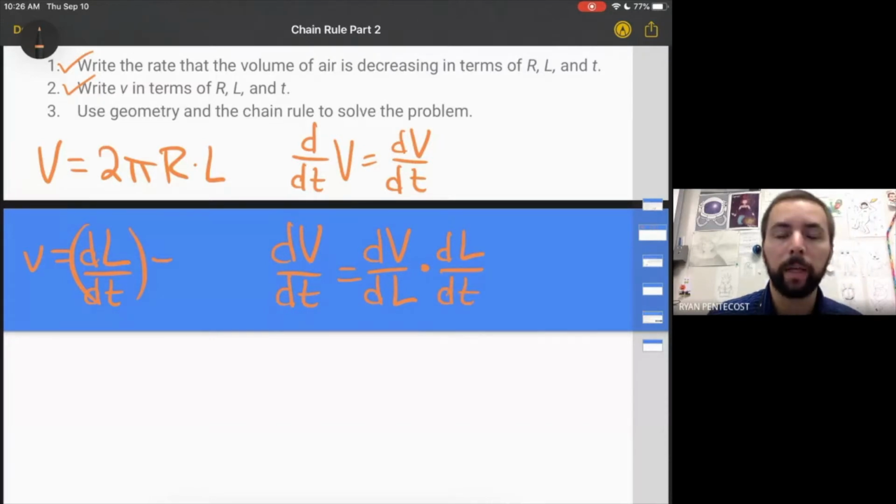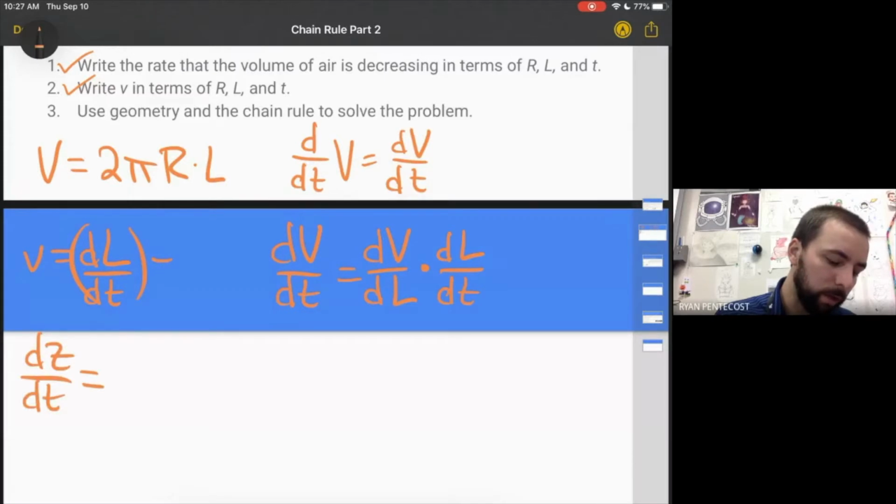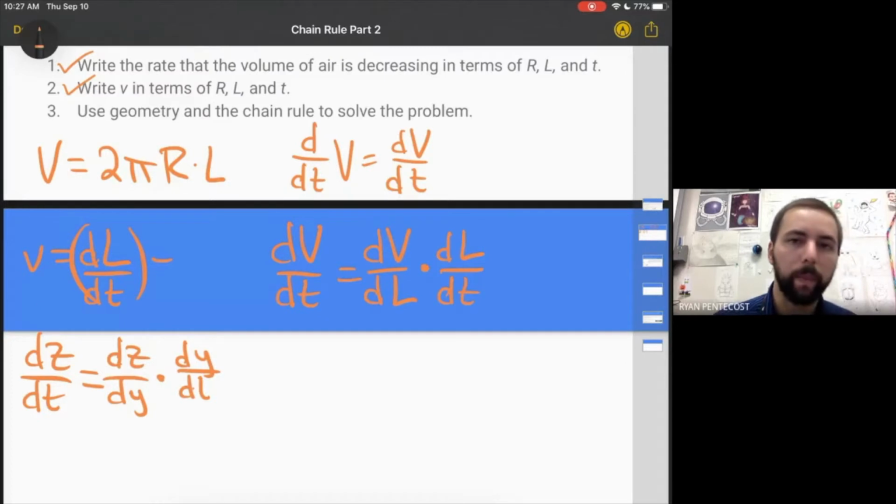And how I'm doing that is I'm using the Leibniz form of the chain rule, where if you want to take the derivative of some function z with respect to time, you can take the derivative of z with respect to y and multiply that by the derivative of y with respect to time. So you can break apart your derivative into different forms.